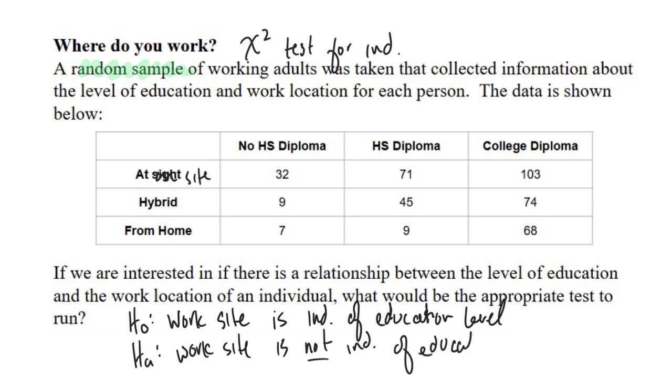And I will have a video that goes through the actual running of these tests. But again, I just wanted to make sure that we could tell the difference and that we could get the null and alternative. The major difference between the two is at the very beginning, did we take two independent samples or did we take one sample and basically categorize each person two ways?